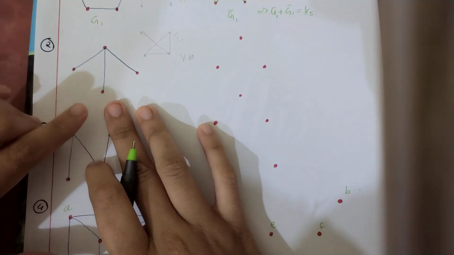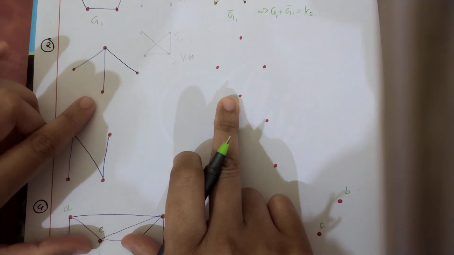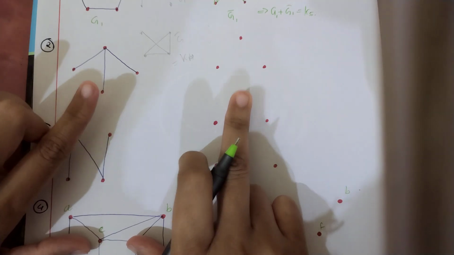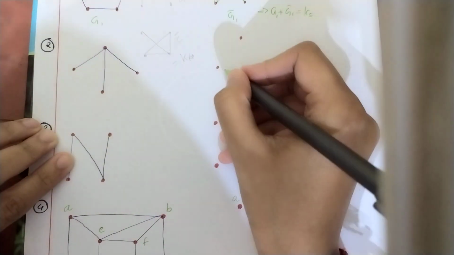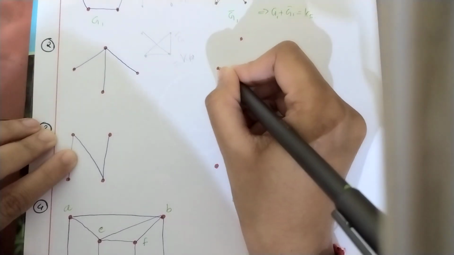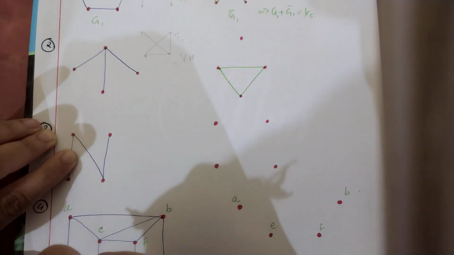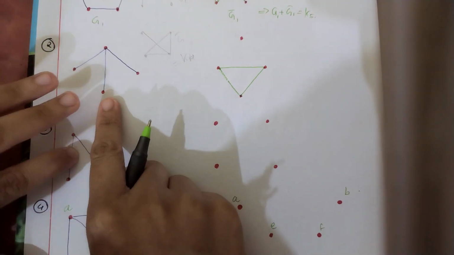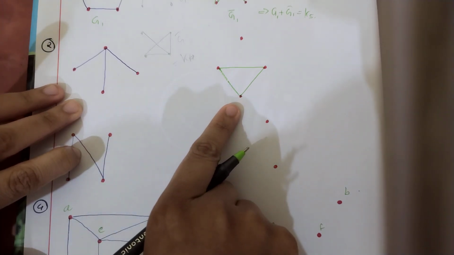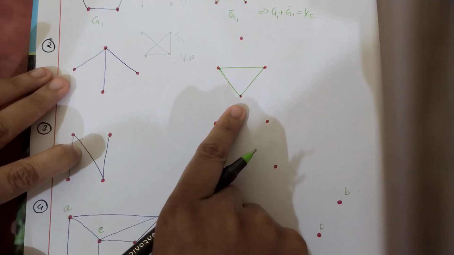Now this one, you just see, in order to complete it, what do I have to do? There are 4 edges here and 4 edges here, and 4 vertices here and 4 vertices here. So in order to complete it, I'll do this. But you see, the number of edges here is 3 and the number of edges here is 3, and the number of vertices here is 4 and here is 4.